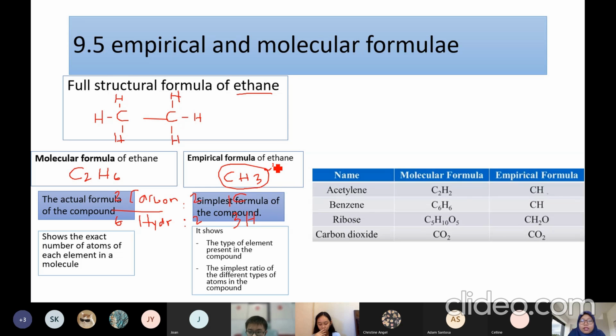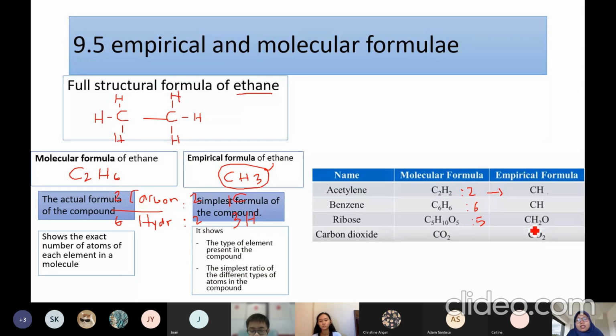Okay, you can see the table. Acetylene C2H2, we can divide it by 2, so it becomes CH. C6H6 divided by 6, CH. Ribose C5H10O5 divided by 5.